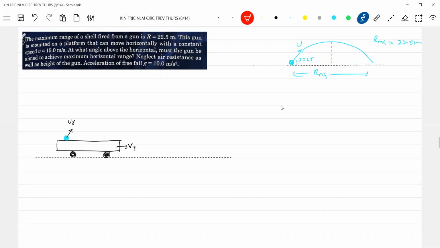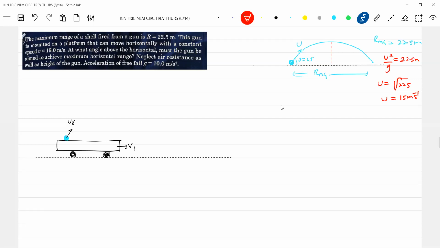Now, what is this R max? This should be equal to U square by G. So therefore U, I'll get as root 225. That's the initial speed.